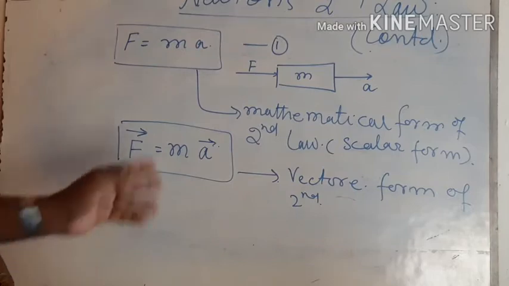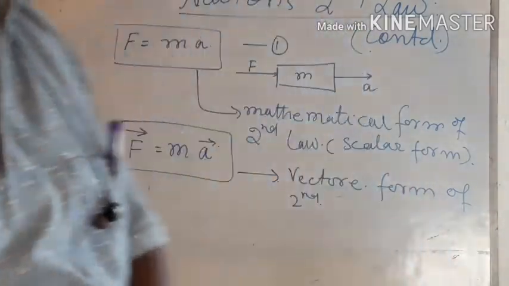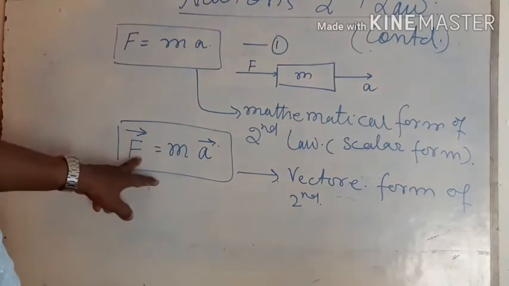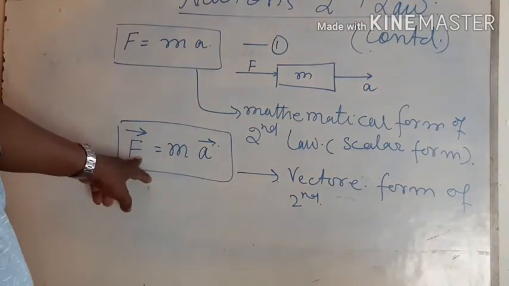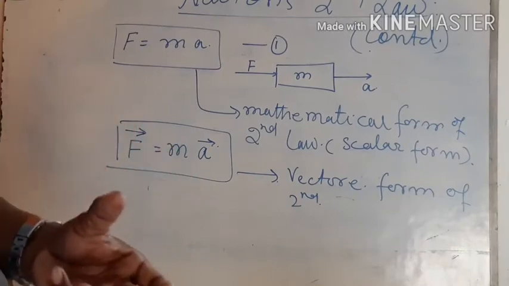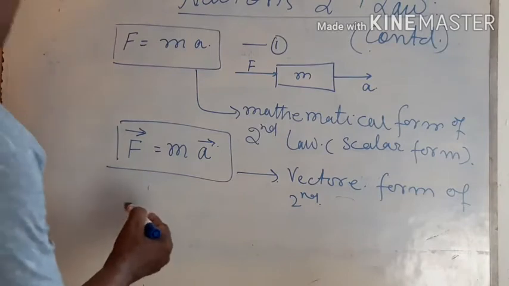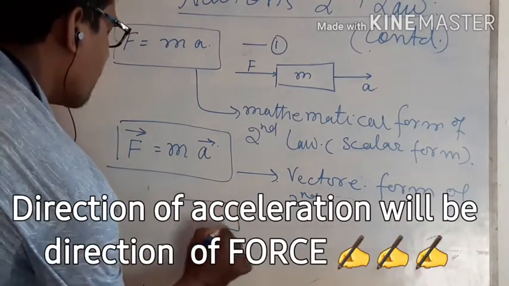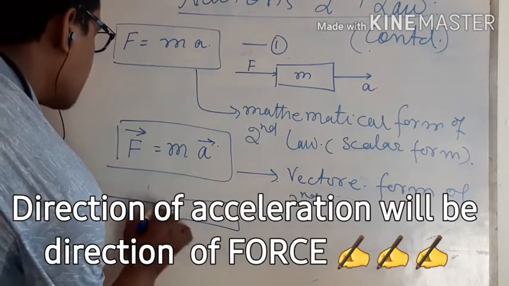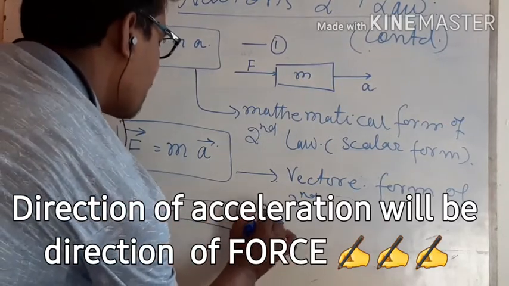Now what will be the direction of the acceleration produced in a body when a force F of particular magnitude is applied on it? According to the law, the direction of acceleration produced in the body is nothing but the direction of the force. Means if we apply a force in a direction like this, the acceleration will also be in the same direction.